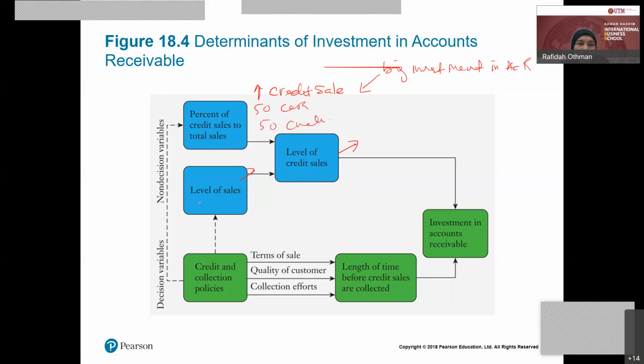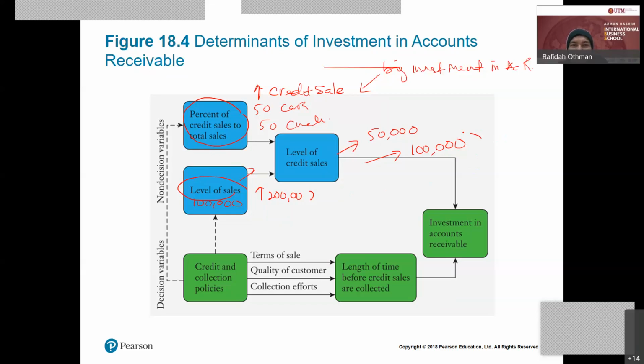If your level of sales is 100,000, your level of credit sales is only 50,000. But when your level of sales increases to 200,000, your credit sales is 100,000. So it depends on the level of sales and the percentage of credit sales to the total sales. This will determine your investment in account receivable.